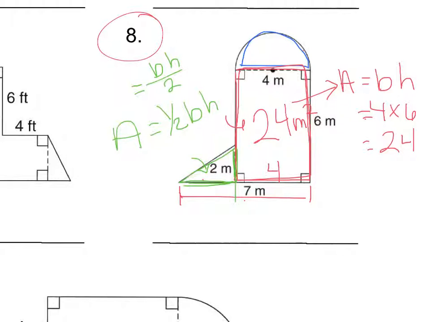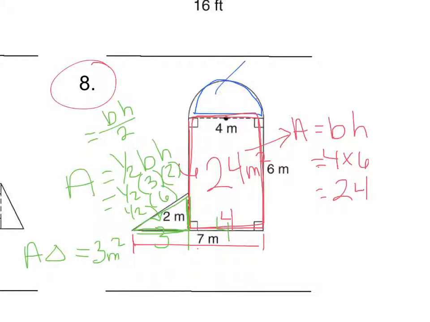We know the whole distance is 7 meters, and since this red part is 4, we take 7 minus 4 and we get 3. So the base of our triangle is 3, the height is 2, and we need to take half of that. 3 times 2 is 6, so half of 6 would be 3. So the area of our triangle is 3 meters squared.